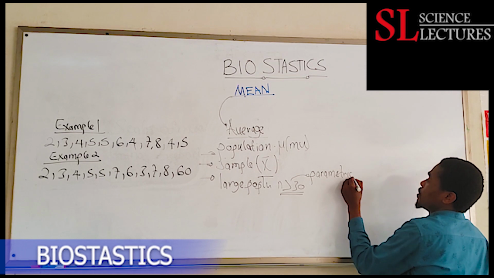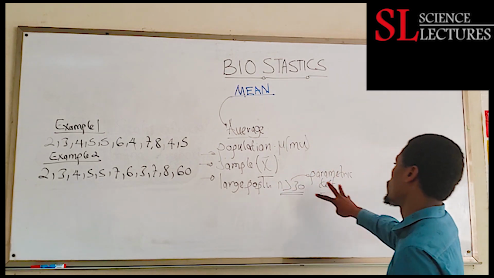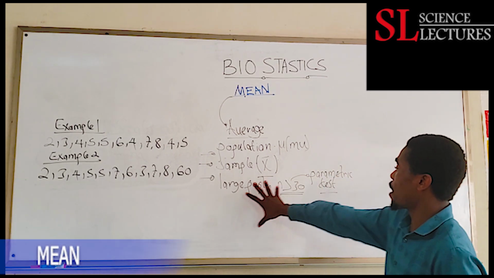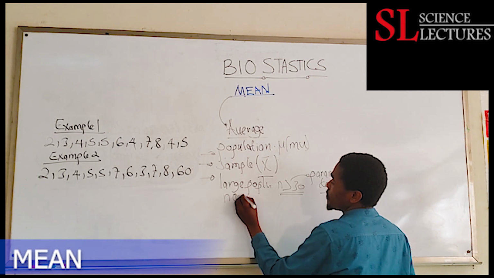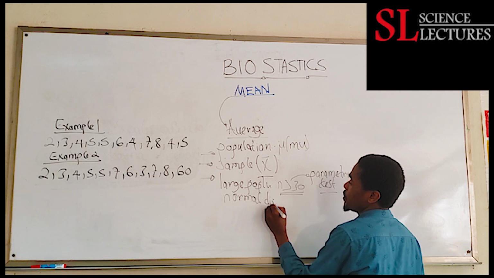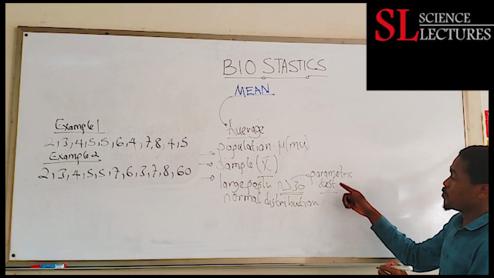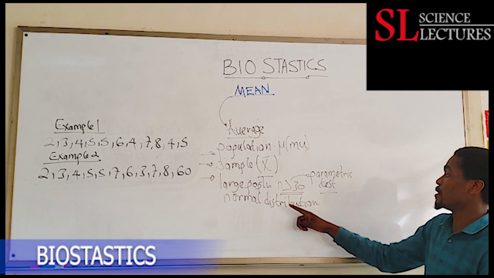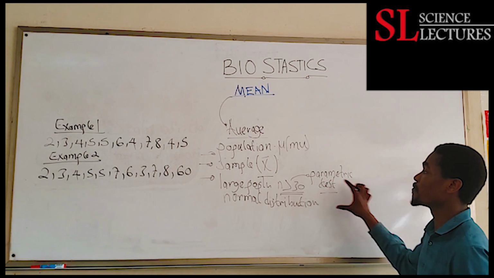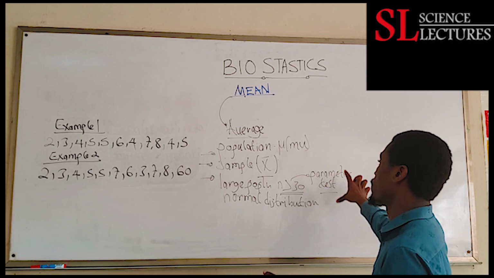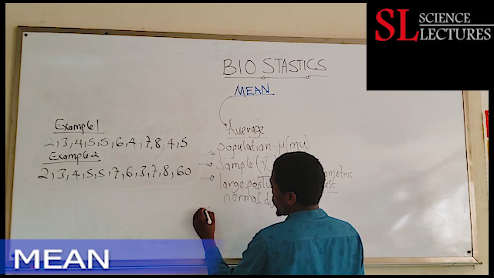We will see further how we apply parametric and non-parametric tests, but currently we need to know that for a large population of n greater than 30 with normal distribution, we use a parametric test for our mean. So this is something we need to note before we go further.